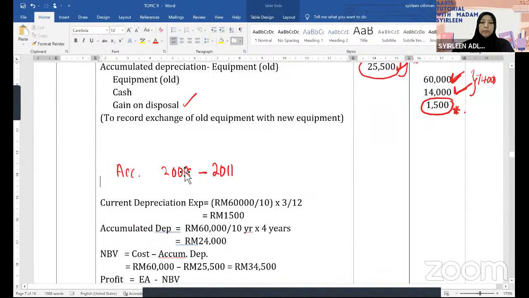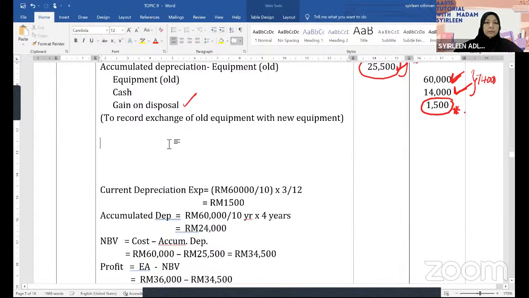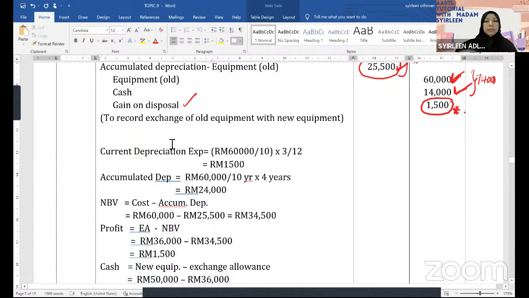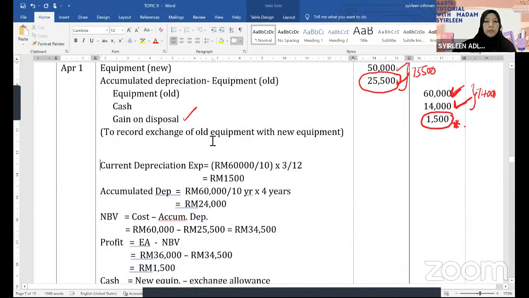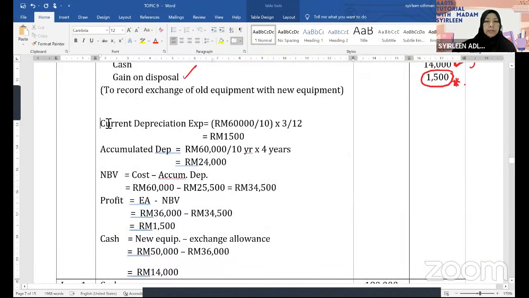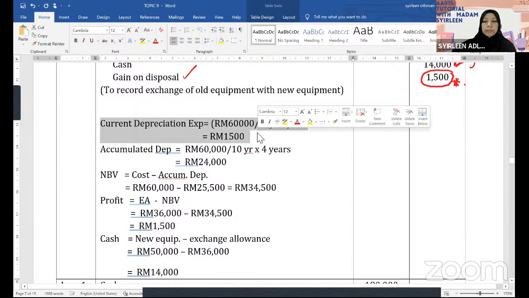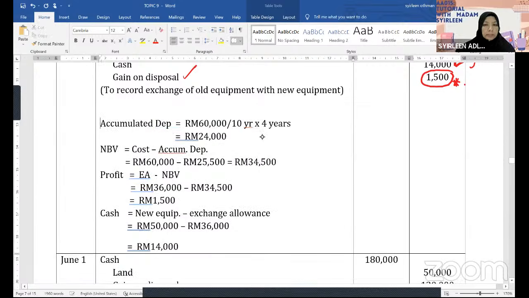Okay, so sekarang, as you can see here, this is how I get the amount of 1,500. Yang ni saya dah tunjuk dekat atas ni tadi. Okay, so this is how I calculated my accumulated depreciation. Okay, so 60,000 bahagi 10, that is your useful life. And then you darab dengan 4 years.